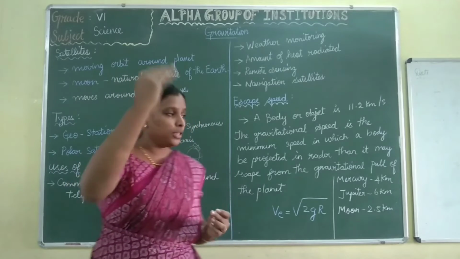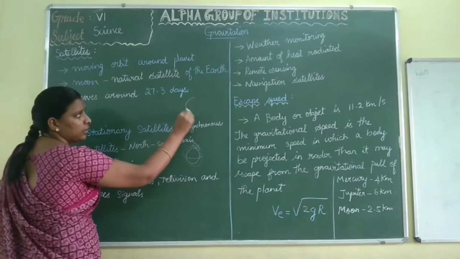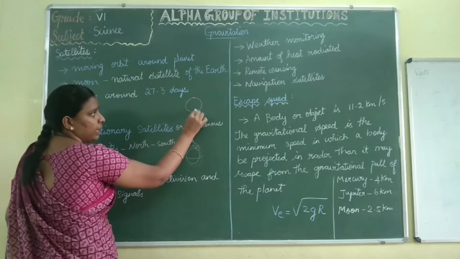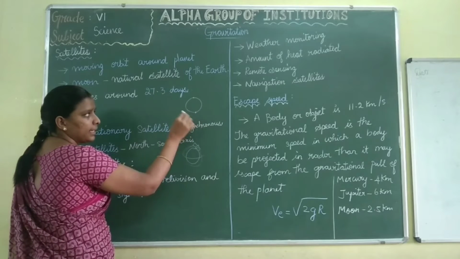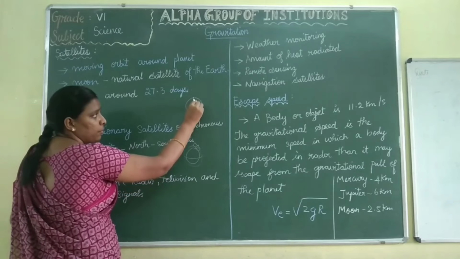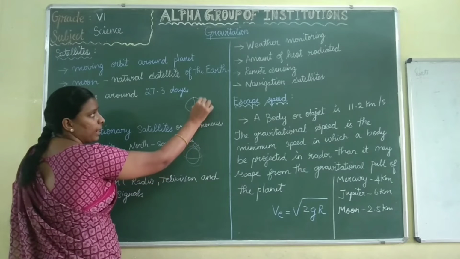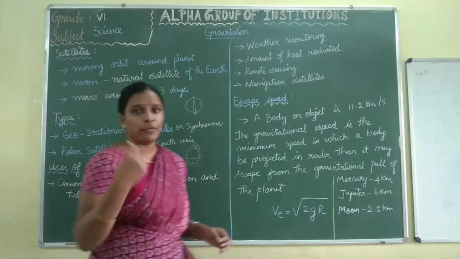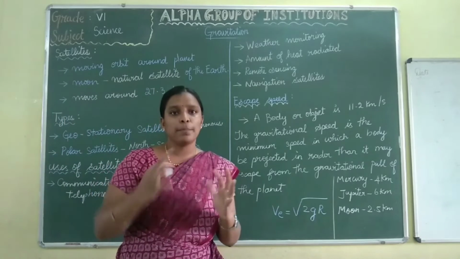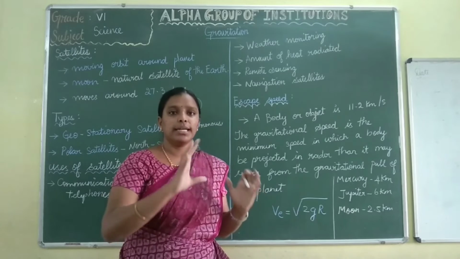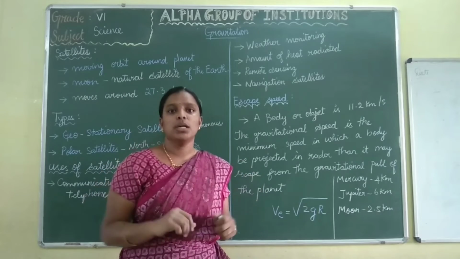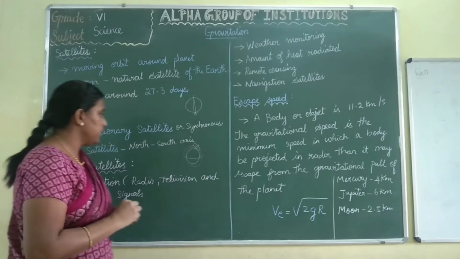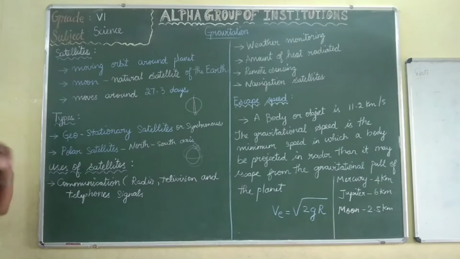If this is the Earth, there is a north pole and a south pole. The polar satellite moves here, then goes back and comes again, so it revolves north to south only. This is how it is programmed. It won't go here and there, it just moves from north to south. This is done only by the polar satellites.